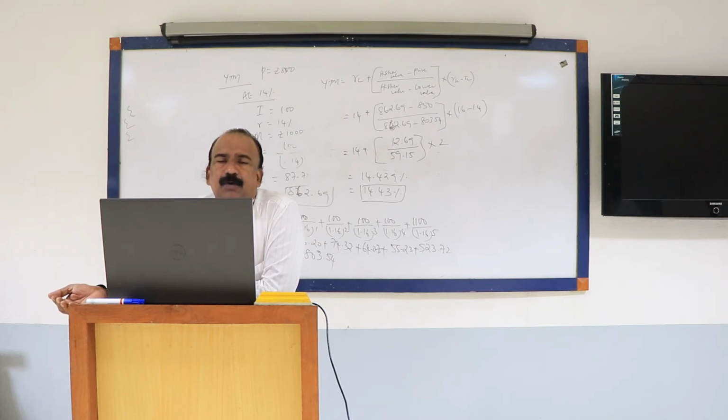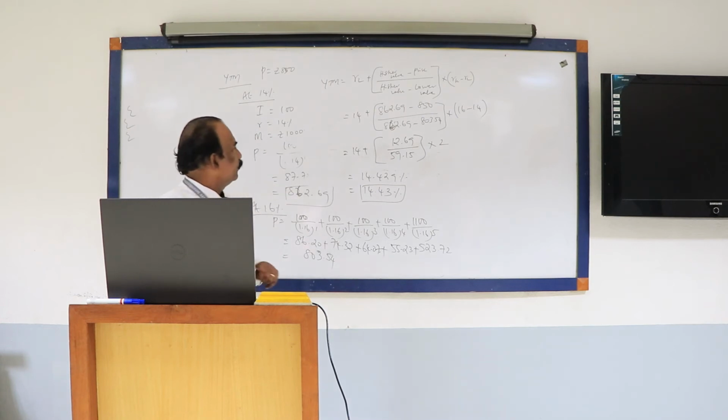So we'll have to calculate the approximate YTM. The second part is, what will be the realized YTM if the reinvestment rate is 7%? The reinvestment rate is different, so the realized YTM will be less than 7%.